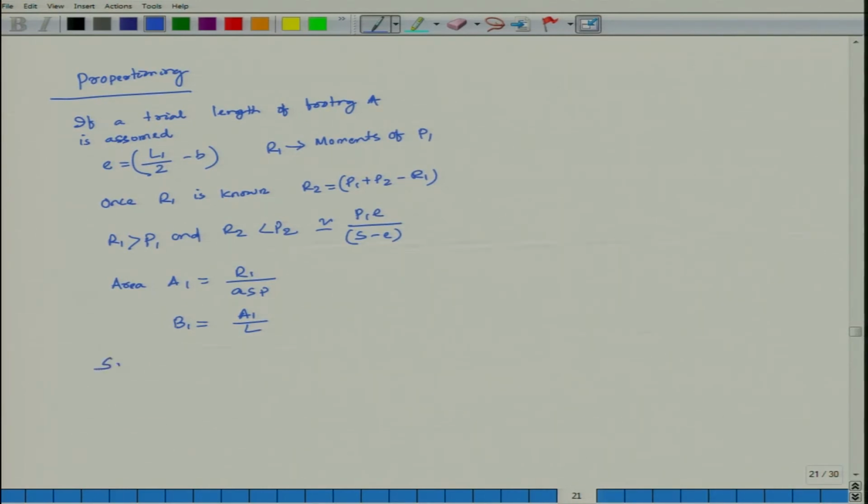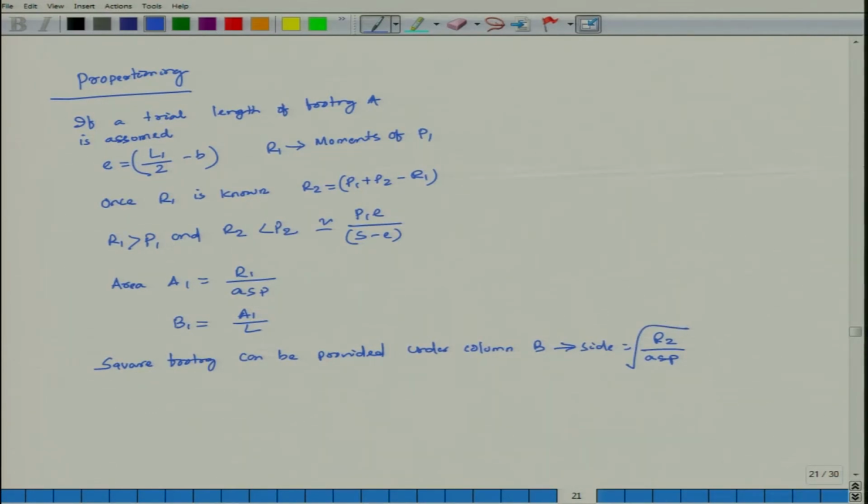So, then square footing can be provided under column B side, which is equal to root over R2 by ASP. I will stop it here.